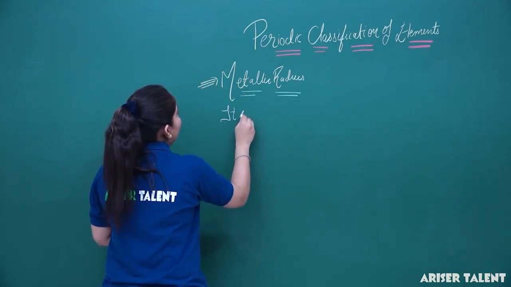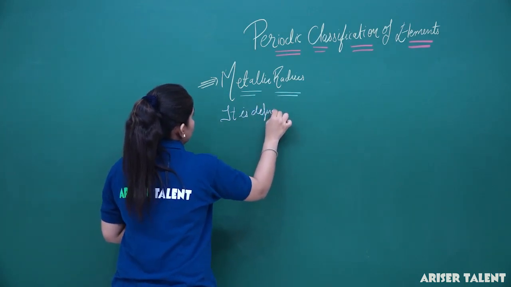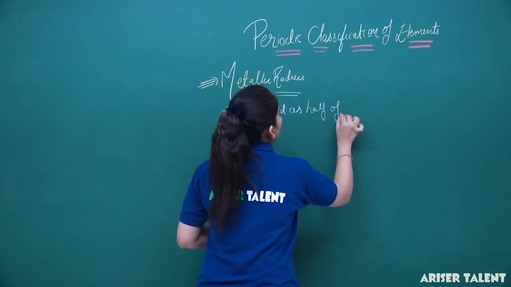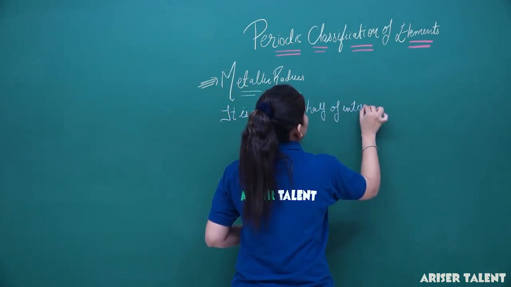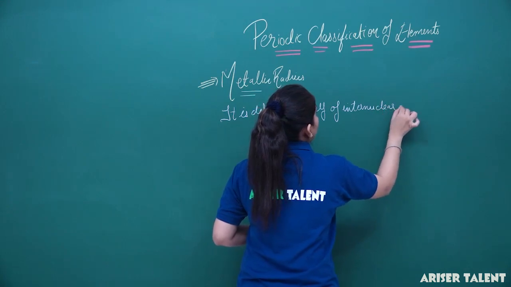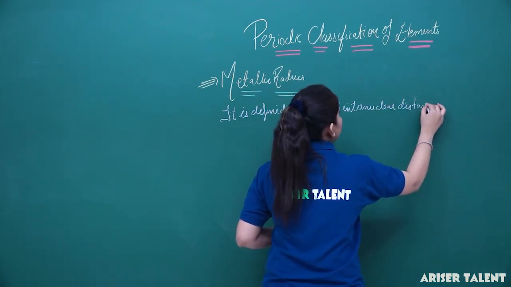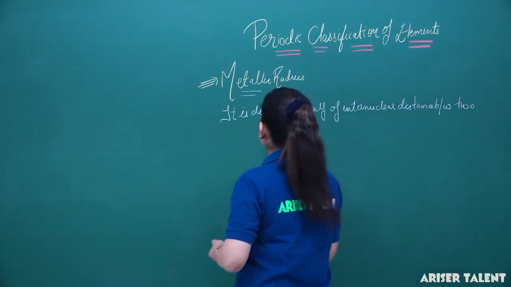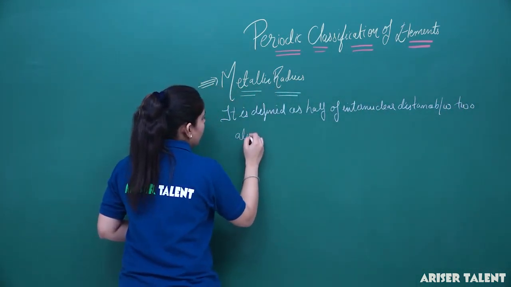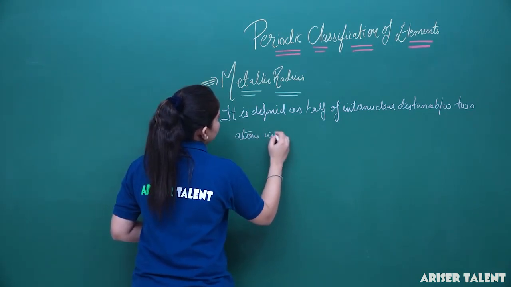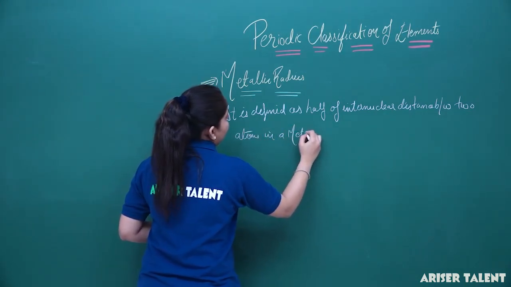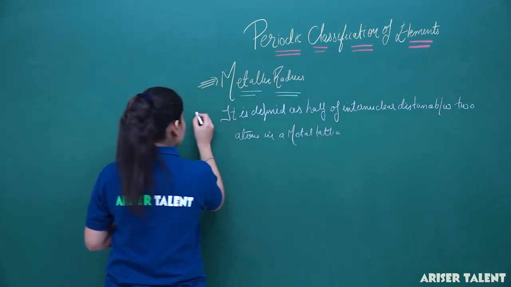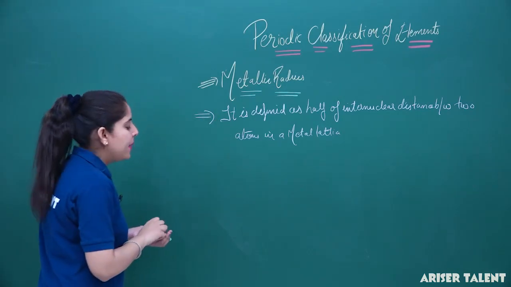It is defined as half of the internuclear distance between two atoms in a metal lattice. So this is the definition for metallic radius.